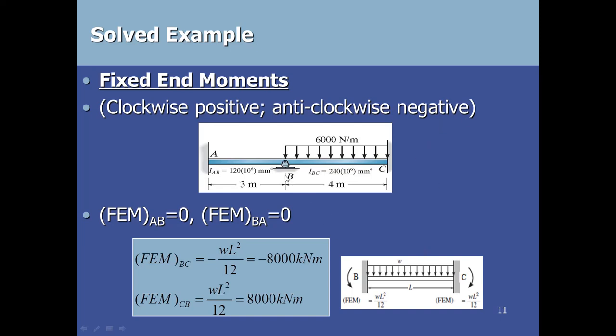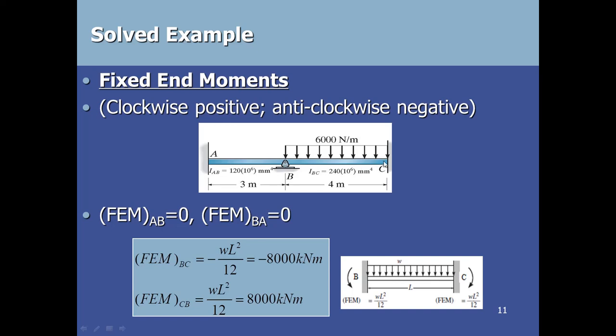When we go to this step here, as I mentioned earlier, joint B will be considered as fixed. So this is a portion of your beam AB which has both ends fixed, but there is no load. So fixed end moment AB will be 0, fixed end moment BA will be 0. When there is any load, you can calculate depending upon that loading.